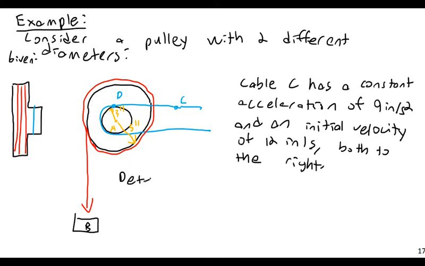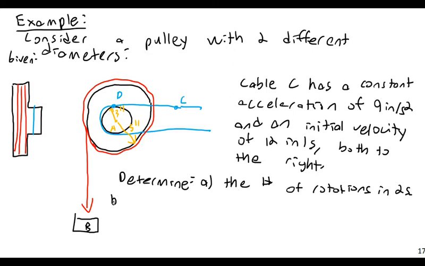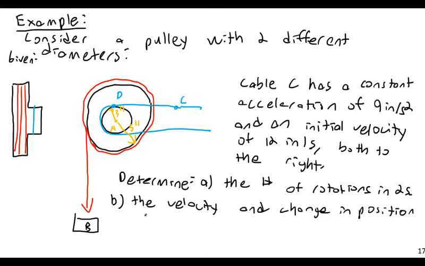So determine A, the number of rotations of the pulley in 2 seconds. B, the velocity and change in position of point B, of load B. And this is, if you can't tell, hanging from this.